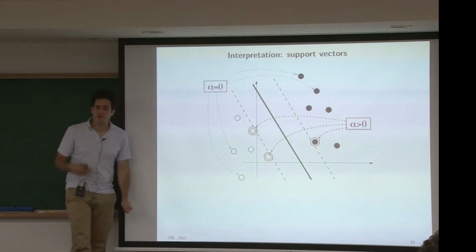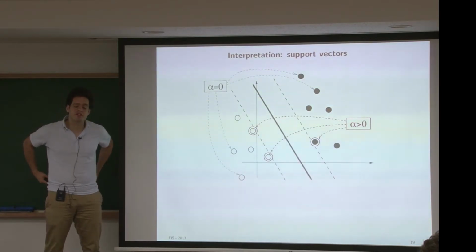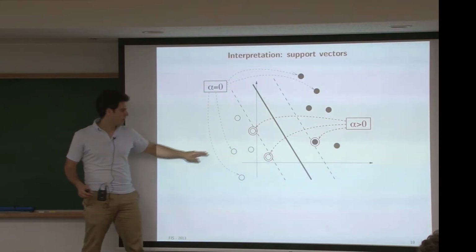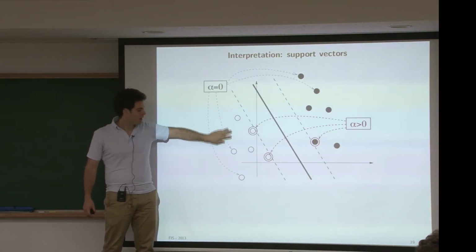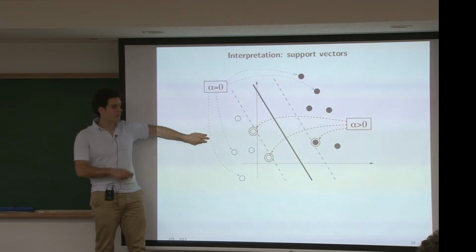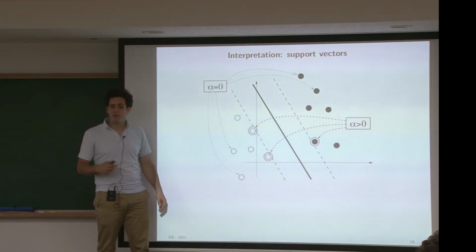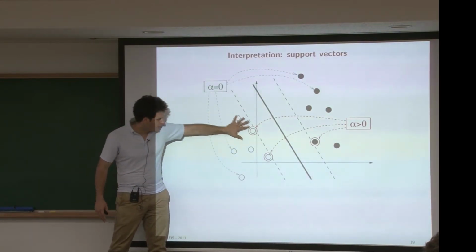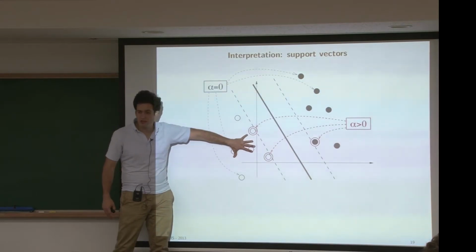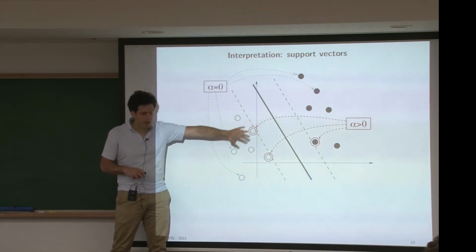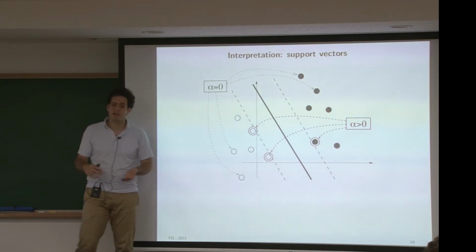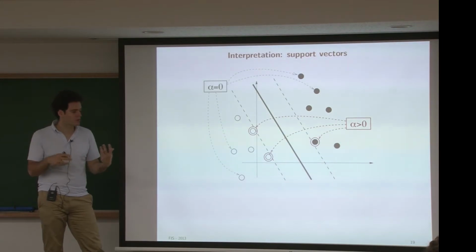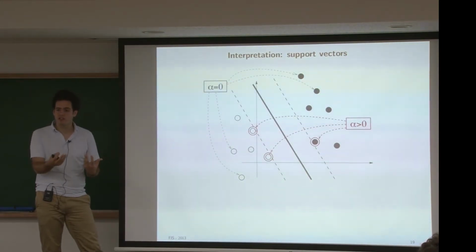This is completely different from, for instance, logistic regression. If you remember logistic regression, each point counts. When you compute the hyperplane of logistic regression, if I change this point here, the hyperplane will change. If I compute linear discriminant analysis, remember LDA, LDA worked by estimating a Gaussian for the white points and a Gaussian for the black points, and then using a linear separation surface, which was basically trying to see which of the two Gaussians had the highest probability of generating a new point.